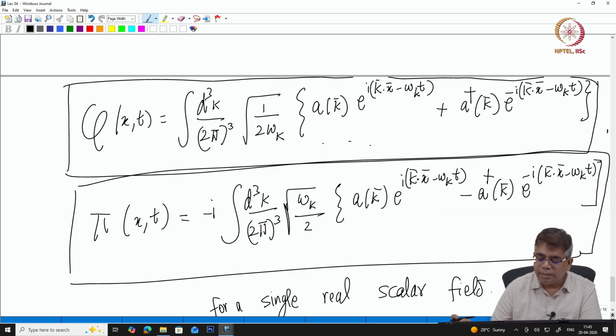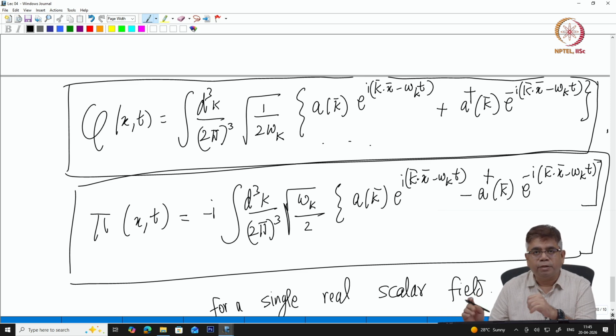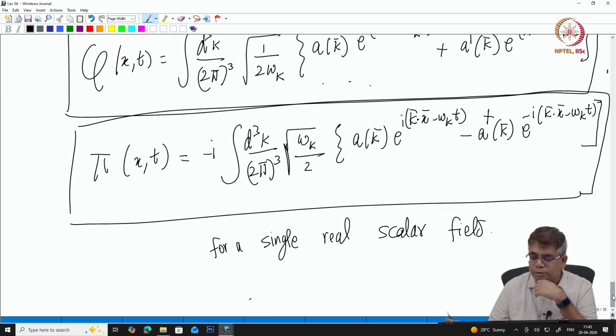And now imposing harmonic oscillator like conditions for each momentum mode, that is your solution of the canonical quantization.